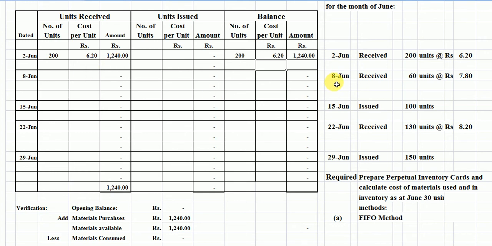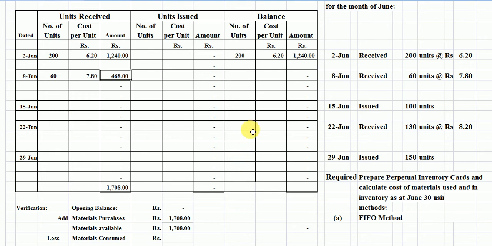Now, the second transaction is 8 June. Received, meaning purchased, 60 units at the rate of rupees 7.80. Student, now we again record this transaction in the column of units received here: 60 units, the rate is 7.80, the amount is 468 rupees here.